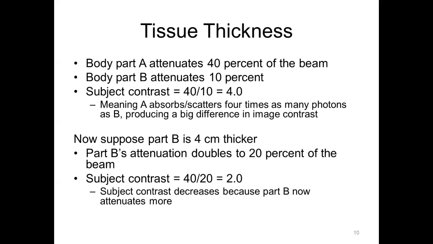So your subject contrast has decreased because part B now attenuates more x-rays, just from thickness. That means on your image, the shade of gray that part B produces is closer to what part A produces. The distinction between them has decreased as far as the IR is concerned. Both of them are absorbing more, from the IR's perspective.